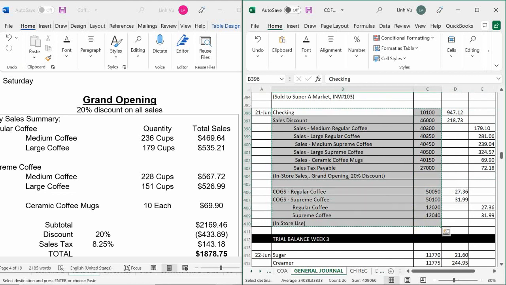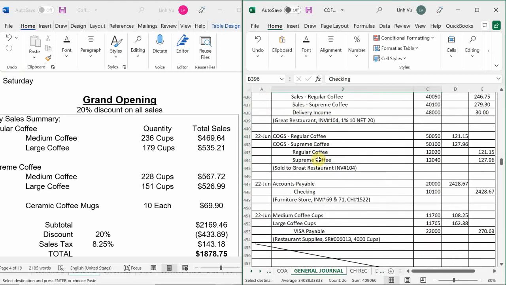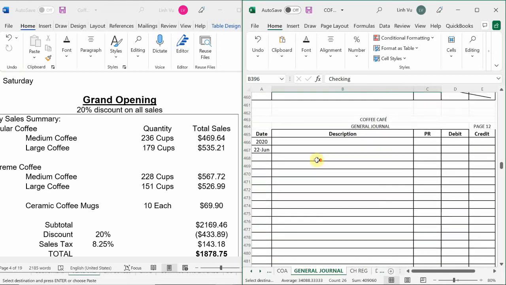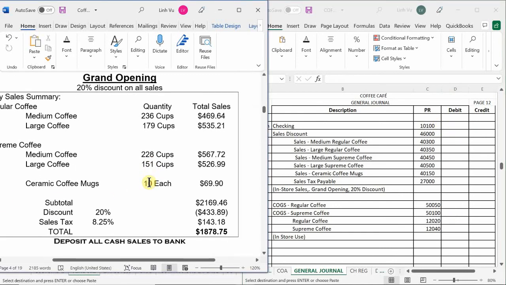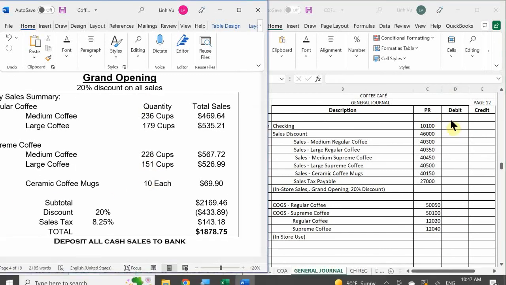Now that I have that exact transaction, all I have to do is copy and paste. The only difference is the numbers that we're plugging in. So in this case, how much cash did I receive from this sales?